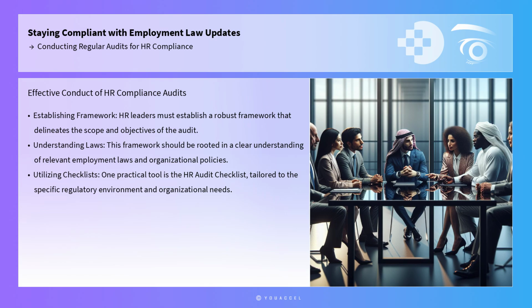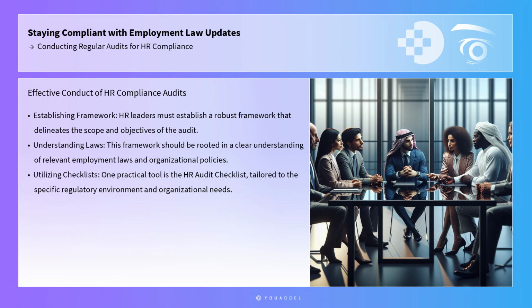To effectively conduct HR compliance audits, HR leaders must first establish a robust framework that delineates the scope and objectives of the audit. This framework should be rooted in a clear understanding of relevant employment laws and organizational policies. One practical tool that can be utilized is the HR Audit Checklist, which should be tailored to the specific regulatory environment and organizational needs.